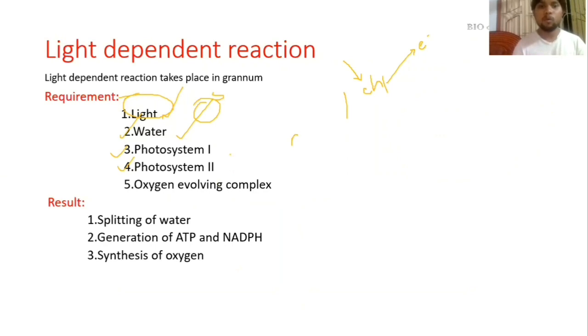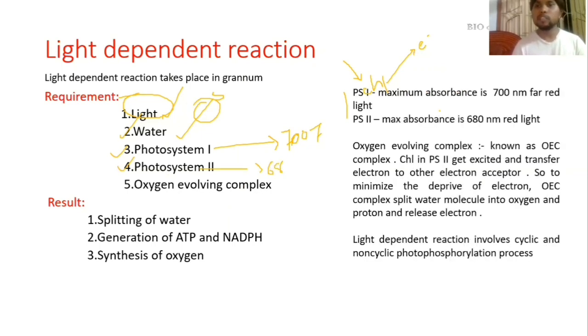Yes, so photosystem 1 can absorb 700 nanometer light, that is far red light. Photosystem 2 can absorb 680 nanometer light. PS1 maximum absorption is 700 nanometer far red light. PS2 maximum absorption is 680 nanometer light.